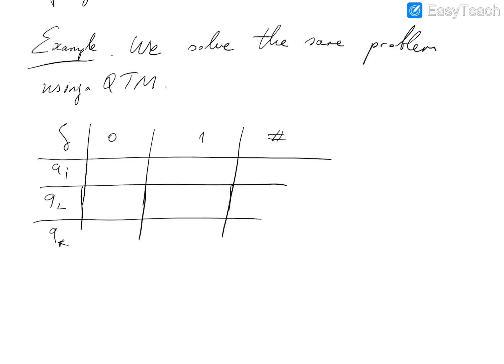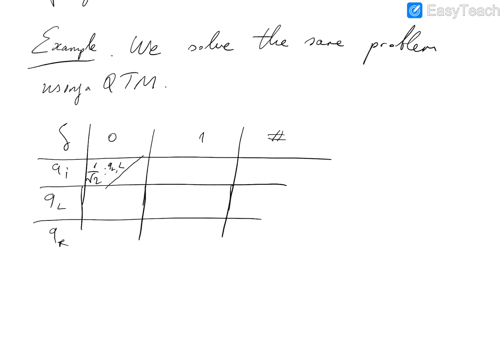Initially we start from the mid-section of the input string. If we read 0, we want to go left and we want to go right at the same time, simultaneously, with equal amplitudes. That means with amplitude 1 over square root 2, we go to state QL, and we move the tape head to the right.